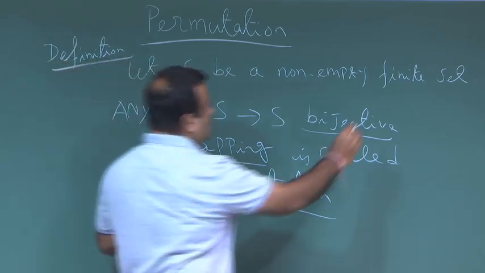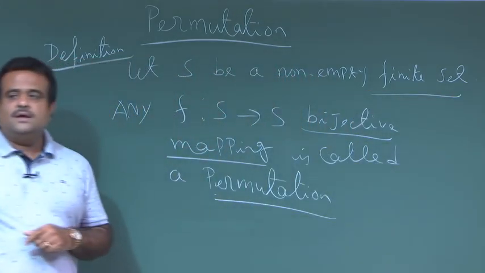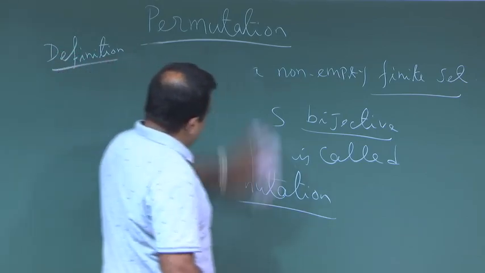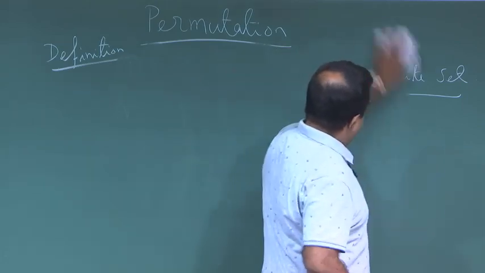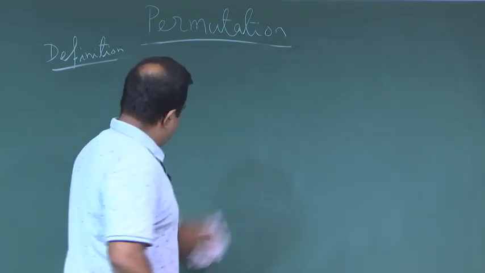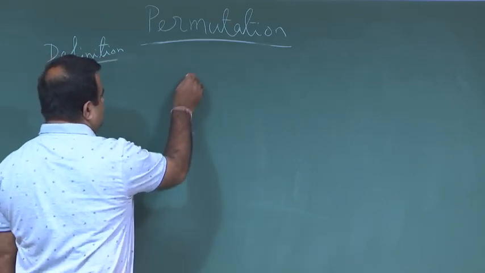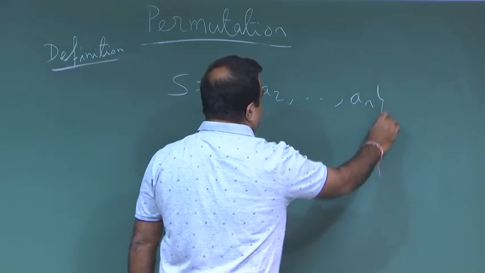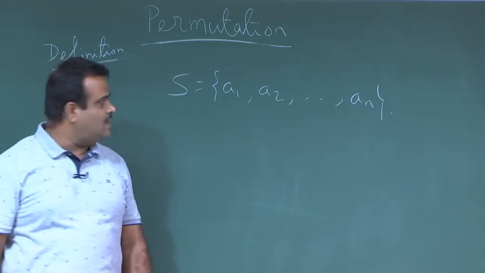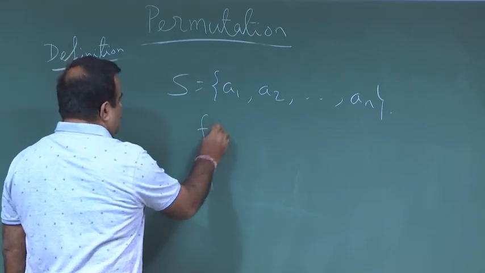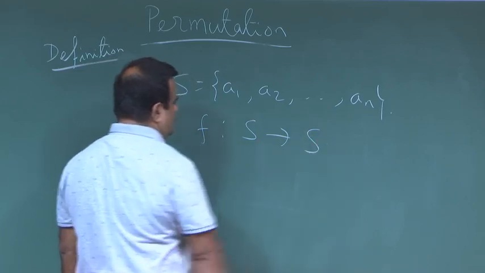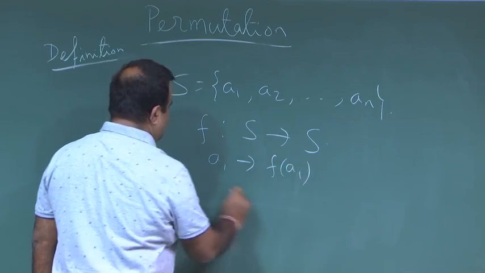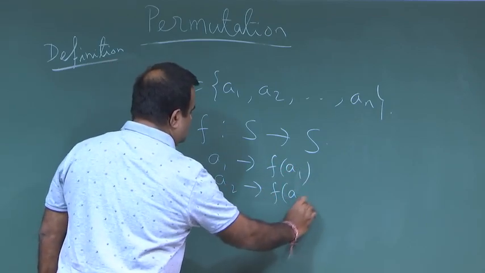And this is defined on a finite set of elements. Now, for example, suppose S is finite, and suppose there are n elements in the set, and you have a bijective mapping S to S. Then that means A1 is going to f of A1, A2 is going to f of A2, like this.